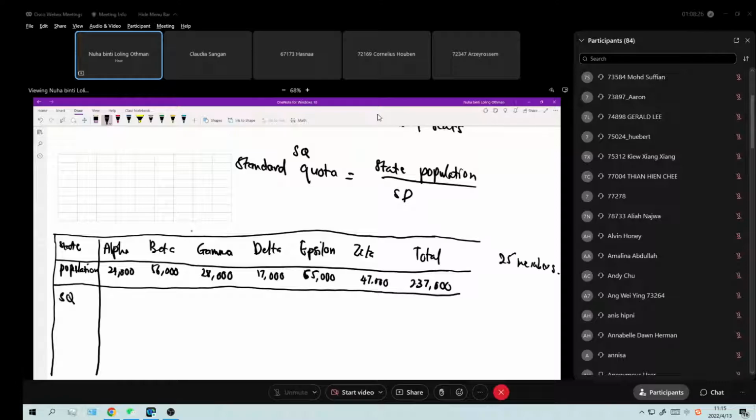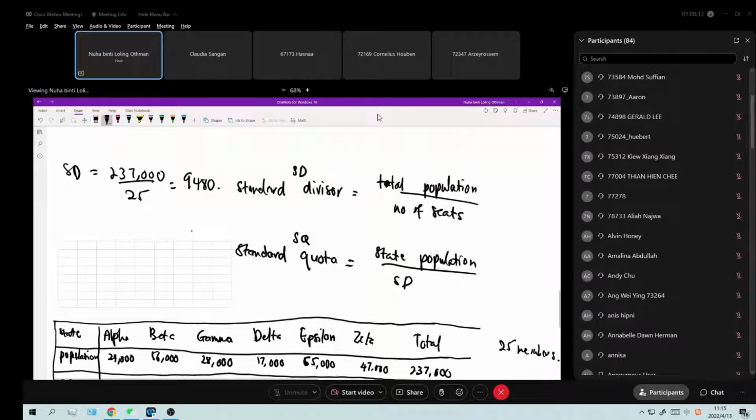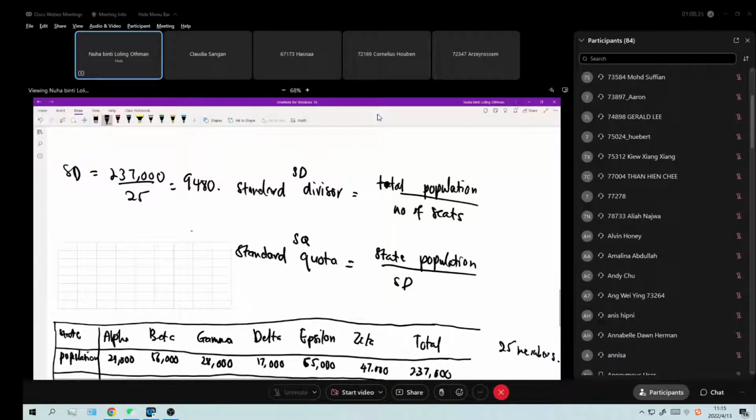So SQ means 24,000 divided by 9480. For example, the SQ for alpha is 24K divided by 9480. So this one will be 2.532.